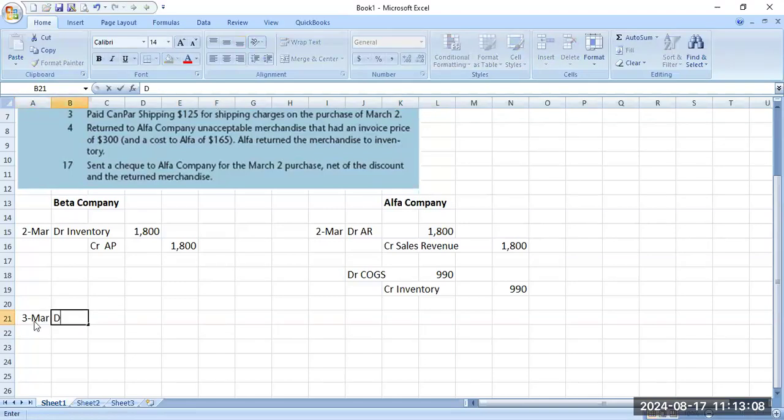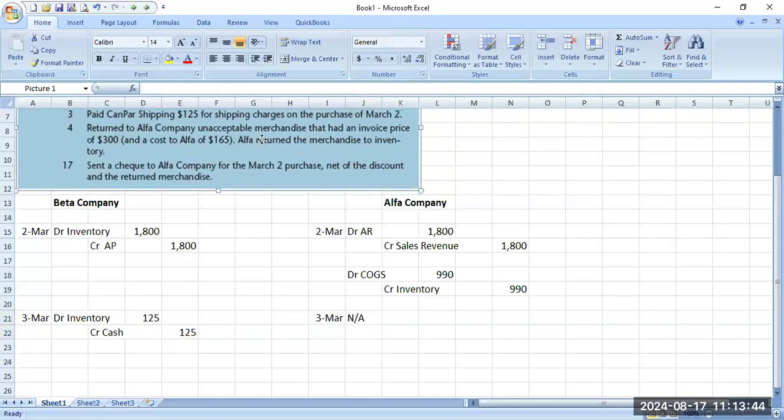Debit inventory in this case for the freight, which is 125, and credit cash, because they pay in cash, otherwise they cannot get the goods. That will be 125. This company doesn't have to do anything. They're not the ones who have to pay anything related to the shipping. So for March 3rd, there will be nothing, not applicable for this company.